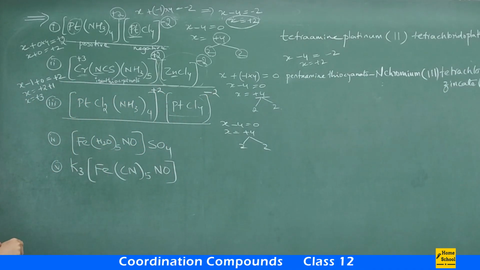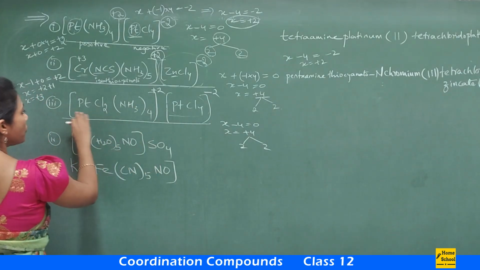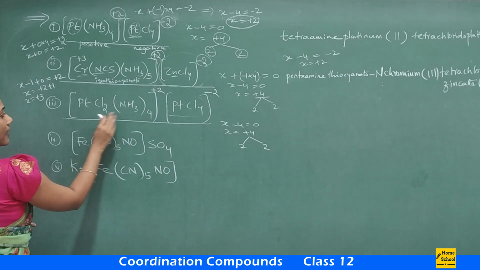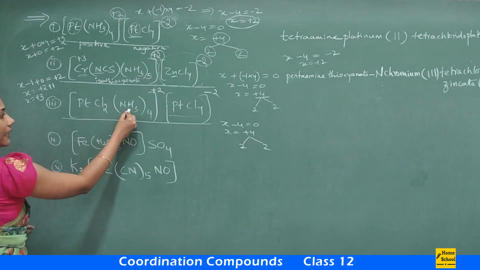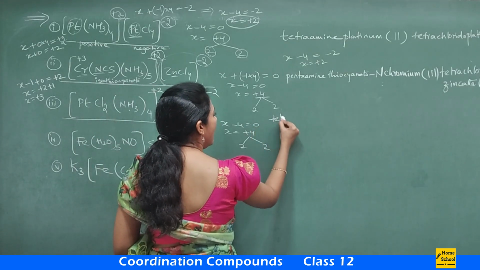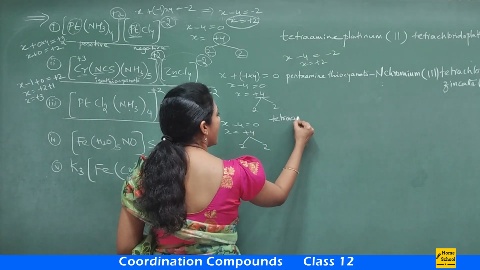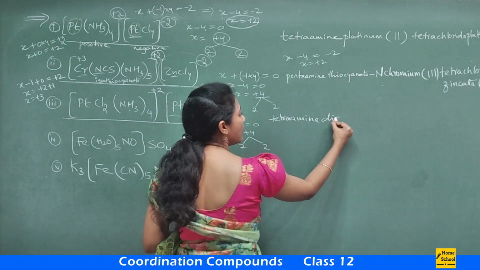Okay, fine. So now let's try to write its name. Positive part is this, first the positive part's name. Its ligands are chlorido and ammine. Alphabetically A comes first, so ammine I'll start, so that is tetraammine. Okay, and 2 chlorines are there, so dichlorido.